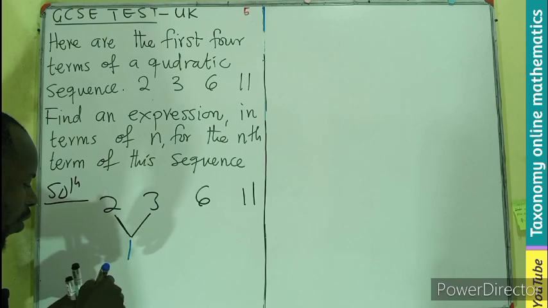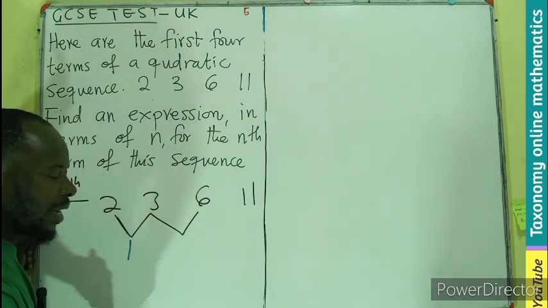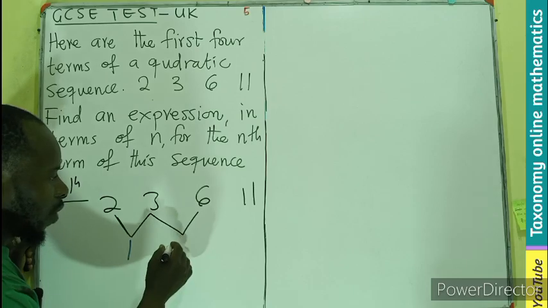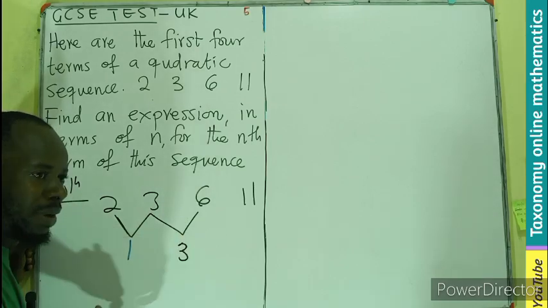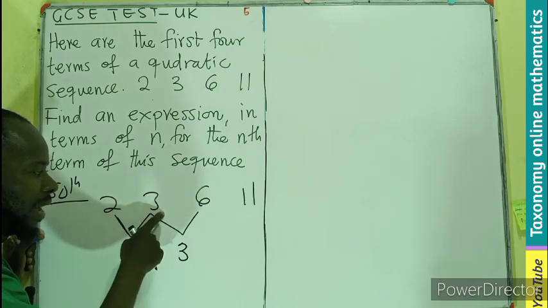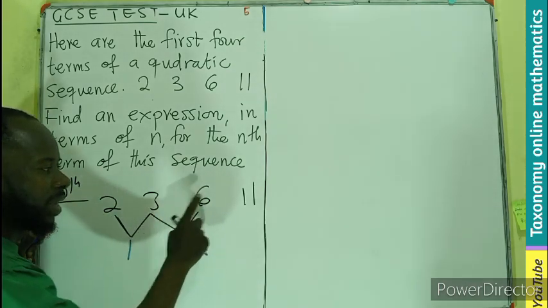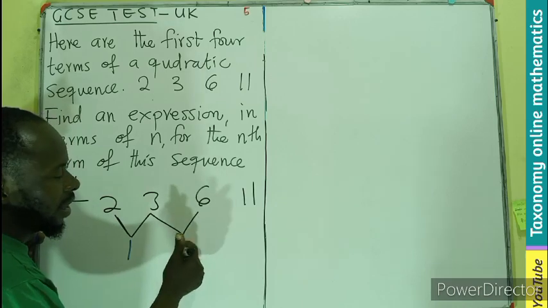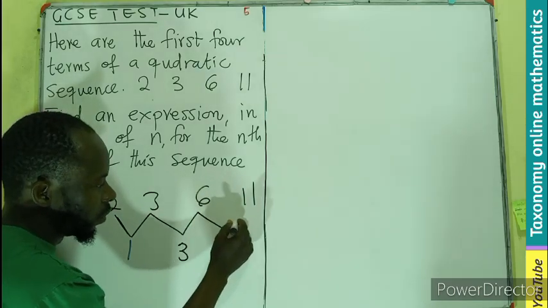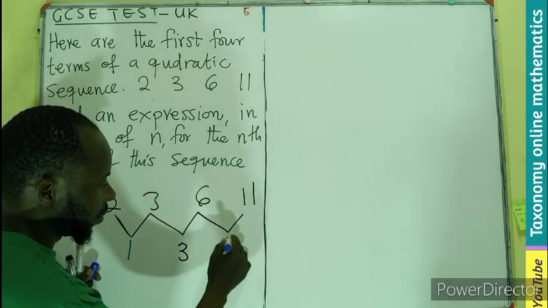Then between 3 and 6, the difference is going to be 3. When I say difference, I mean the number on the right minus the one on the left. So 11 minus 6 will give us 5.